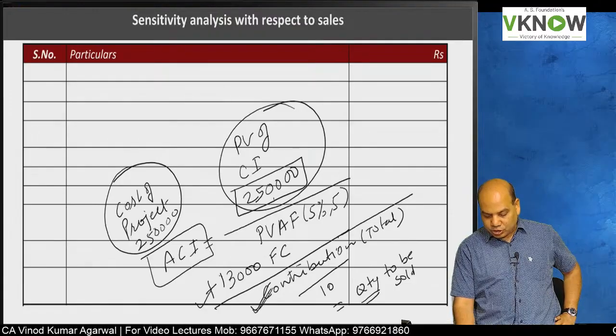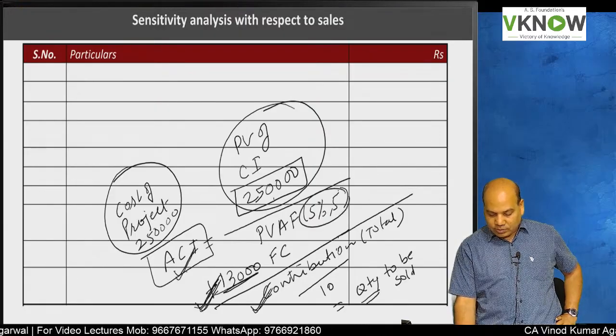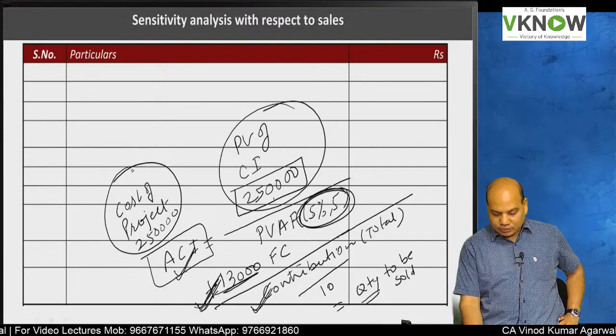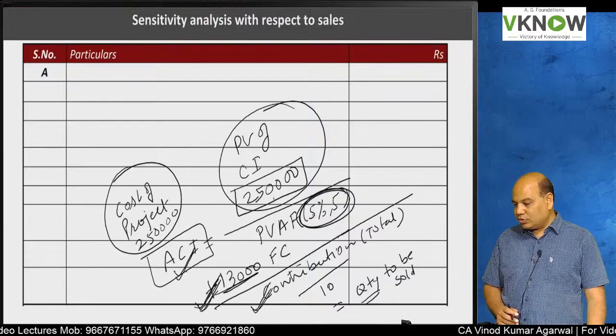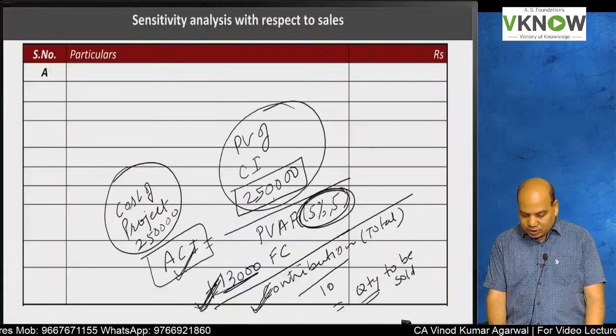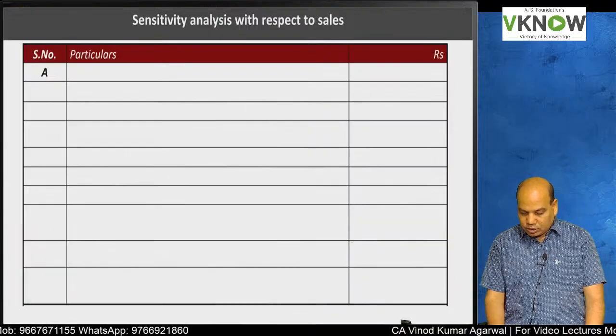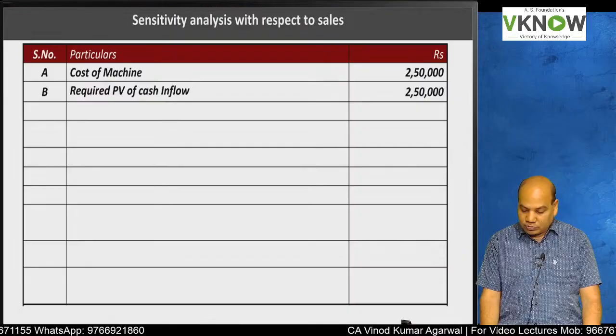From this contribution, if I deduct 13,000 fixed cost, I'll get cash inflow, and that cash inflow when multiplied by annuity factor will give me an amount equal to 2,50,000. So I have to do reverse working. Reverse working means start from 2,50,000. Cost of the machine is 2,50,000.